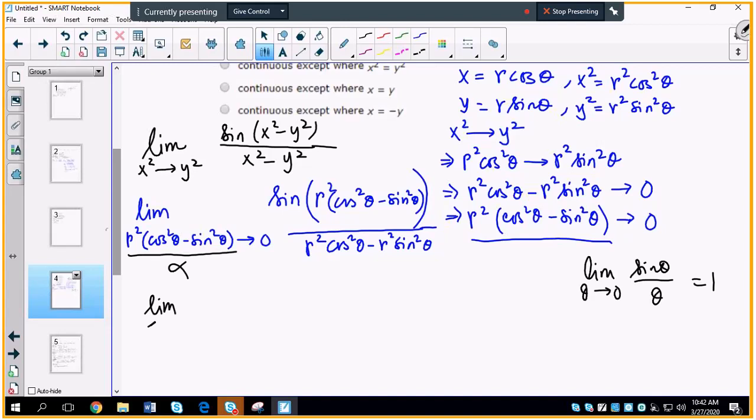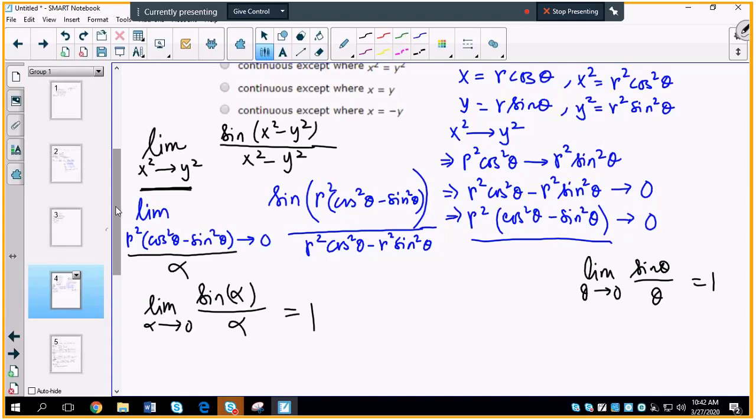You have limit alpha approaching 0, and in the function the top is sine of alpha and the bottom is alpha. That's exactly matching the limit formula that we have learned in calculus 1. So I know that this is going to be equal to 1. And hence, I found when x squared and y squared are pretty close to each other, the limiting value is 1.